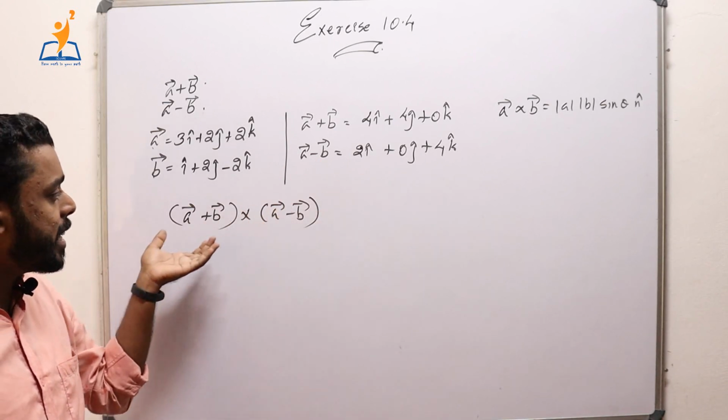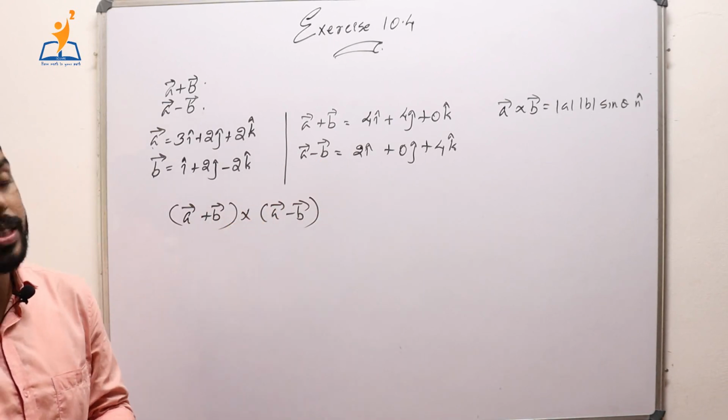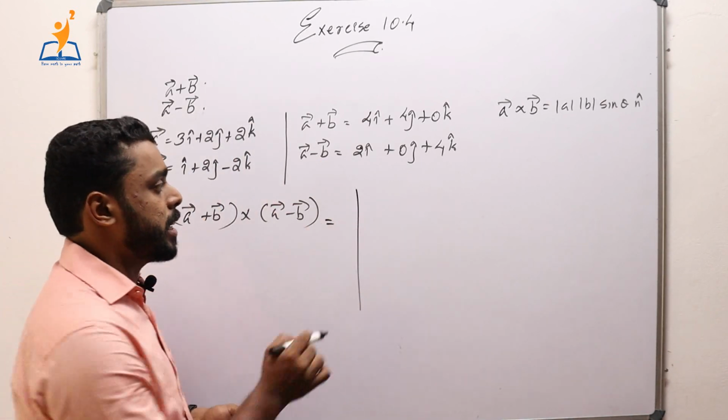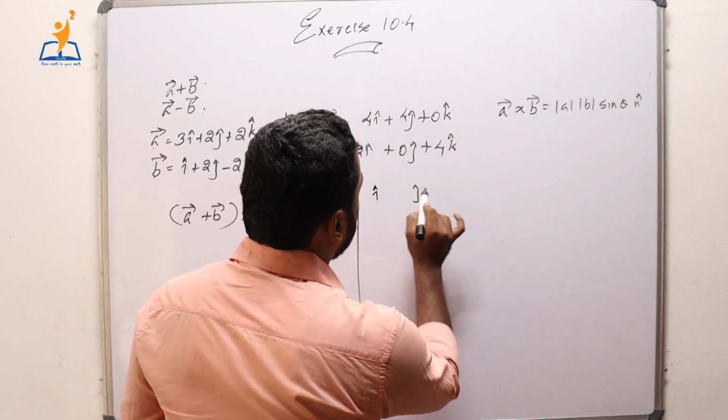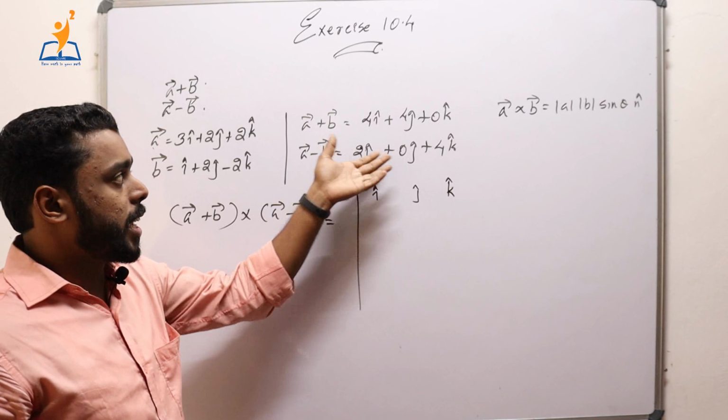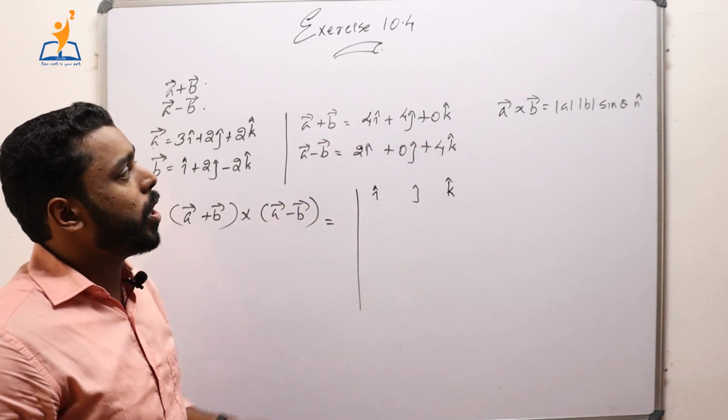Now we can easily find the cross product of these two vectors. It is equal to, just by using that formula for determinants, I cap, j cap, k cap. Now the second row will be the respective components of the first vector.